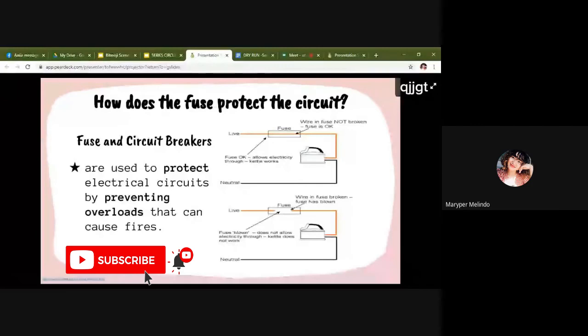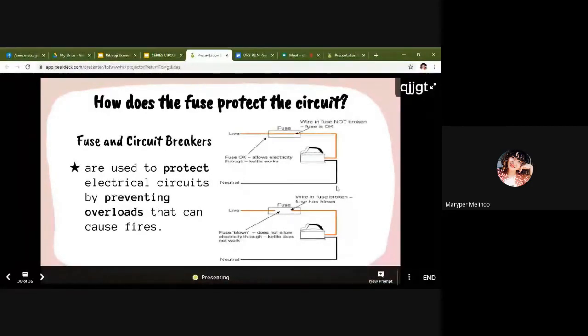Okay, so how does the fuse protect the circuit? Paano nga ba niya pinoprotektahan? So the fuse and circuit breakers are used to protect electrical circuits by preventing overloads that can cause fire. In the first picture, makikita nyo, connected pa siya. So yung fuse, the wire in the fuse is not broken. So okay pa. Because of that, the kettle will work. Gagana pa siya, because wala tayong open gap.